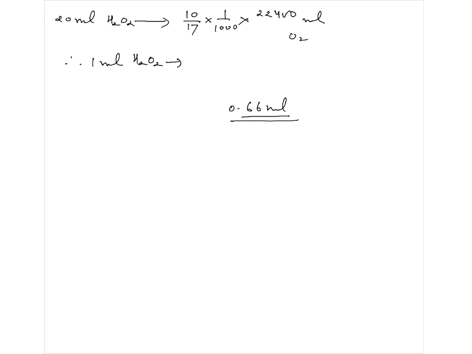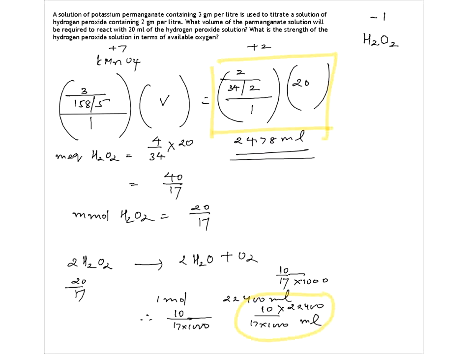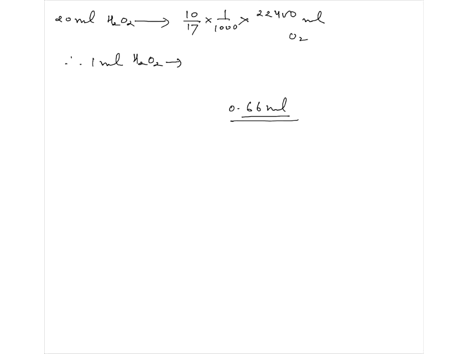But there's one more thing. This 13.176 ml is given by 20 ml of hydrogen peroxide.